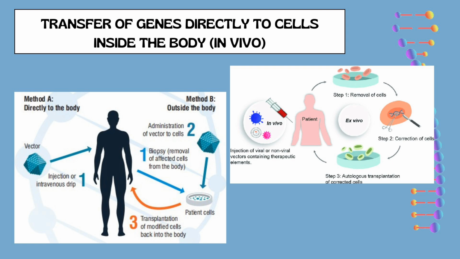So this allows the corrected gene to be integrated into cells' DNA. So yung transplantation of modified cells back into the body naman, dito naman na modify yung cell are transplanted back into the patient. This is called an autologous transplantation because the cells originate from the patient themselves.